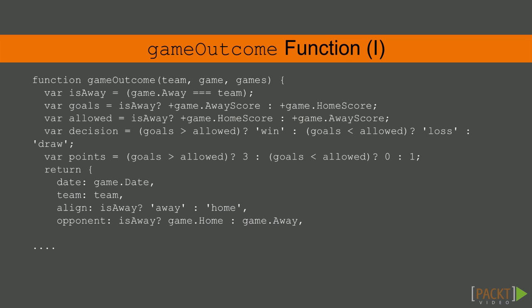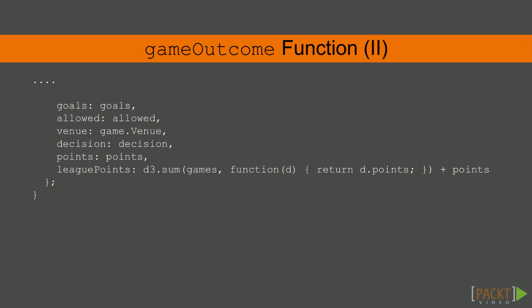From that, we can get the number of goals scored and allowed, as well as the decision. Based on the decision, 3 points are allotted for a win, 1 point for a draw, none for a loss. Then we just return a map with the date, team, alignment, etc. The league points are accumulated from all of the previous games plus the current game's points.